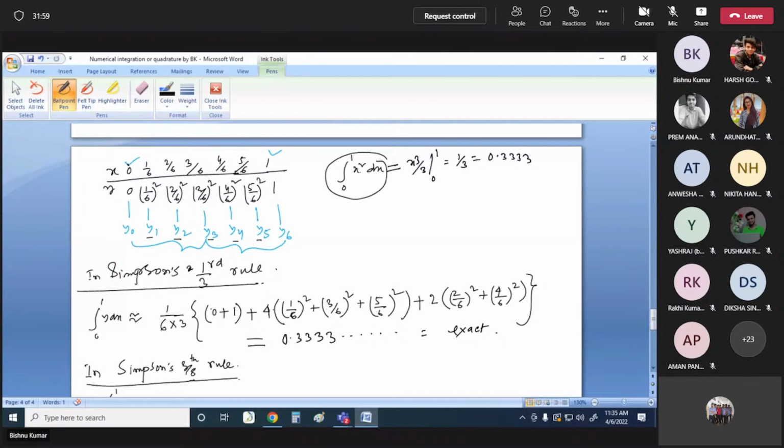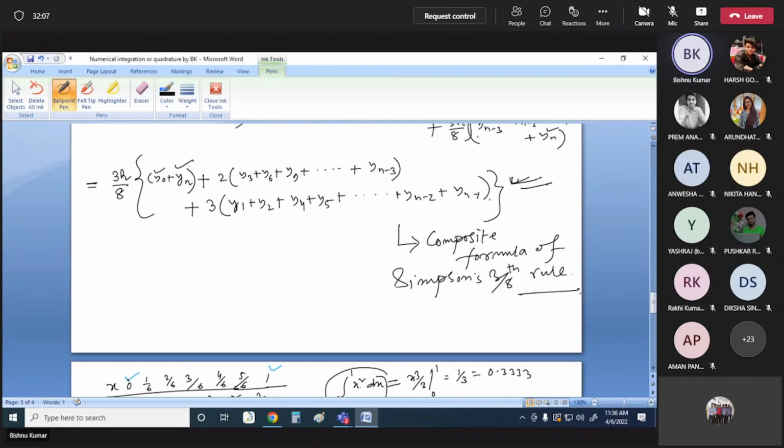Now, with the help of the Simpson 3/8 rule, what is the composite formula structure? Can you remember it? Outside 3/8 multiplied by h, first value plus last value, plus 2 into all intermediate y values which are multiples of 3, plus 3 into the remaining y values.